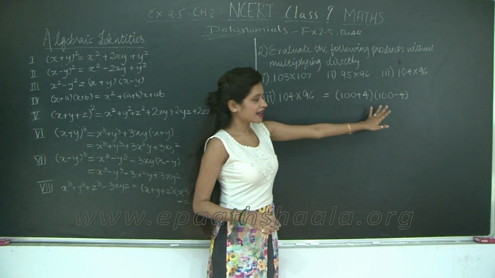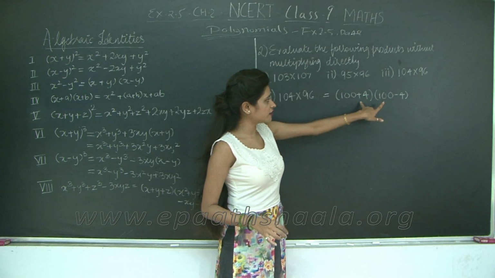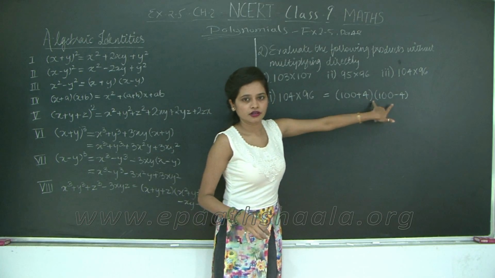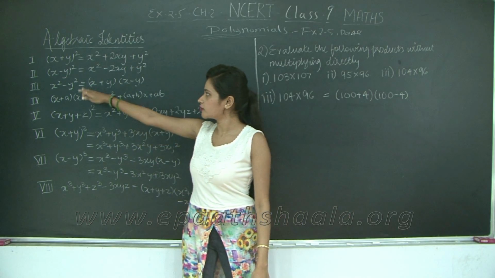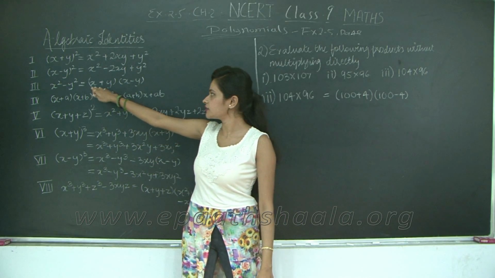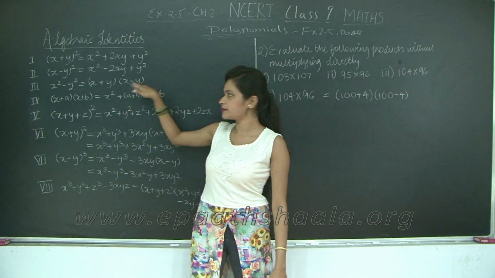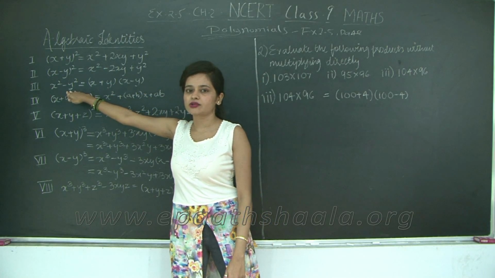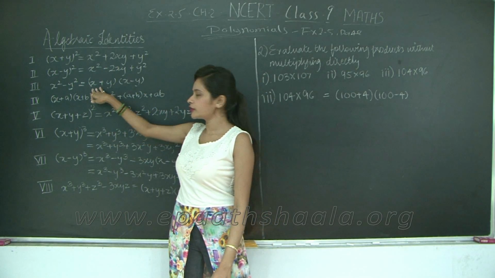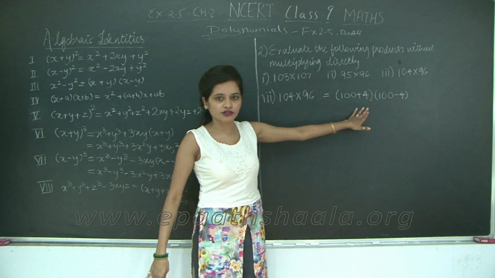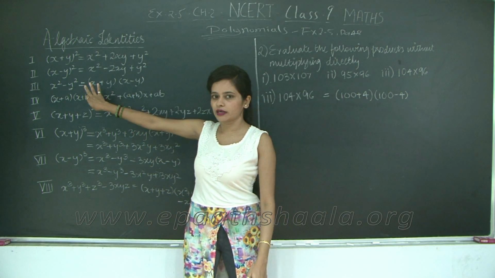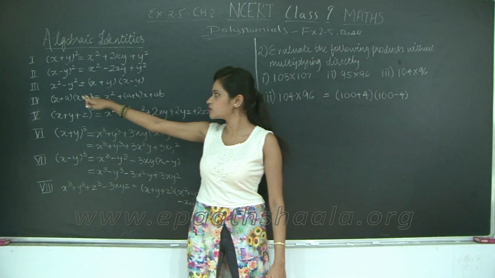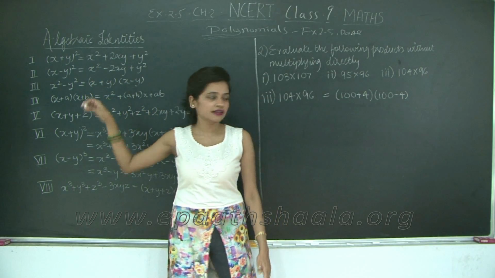So you have x and a or x and y with a different sign for both the products, right? Now take a look. Which one? You have identity 3, x plus y into x minus y is equal to x square minus y square, or vice versa. So I'm going to use this identity to solve our question, but I'm just going to write it the other way around, which is x plus y into x minus y is x square minus y square, correct?